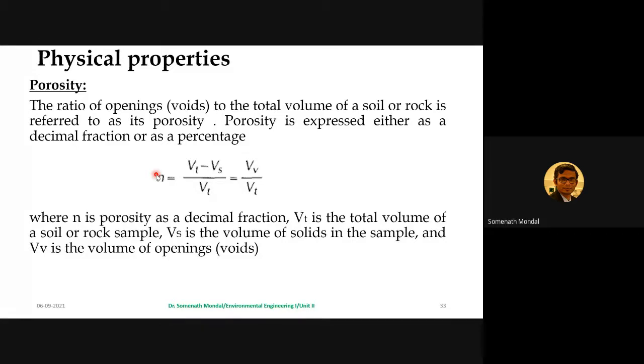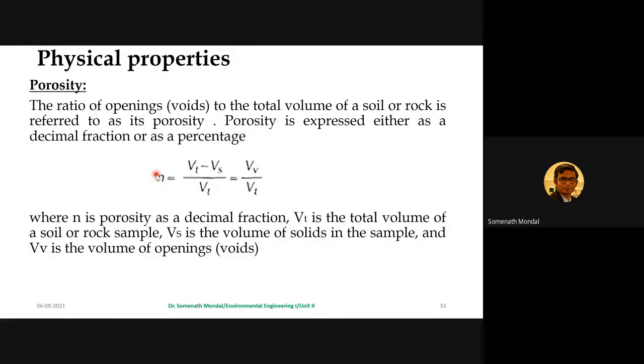Now porosity is expressed either as a decimal fraction or a percentage, and porosity is the most predominant parameter on which the movement of water depends, and all those formations which we discussed before depend upon the porosity.